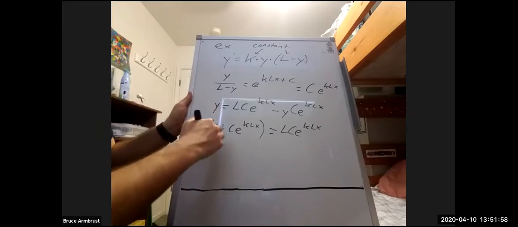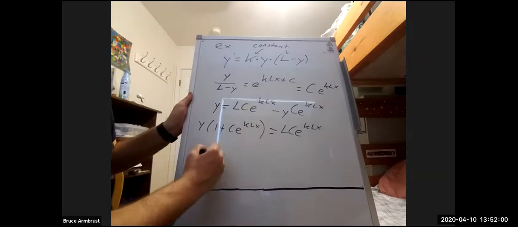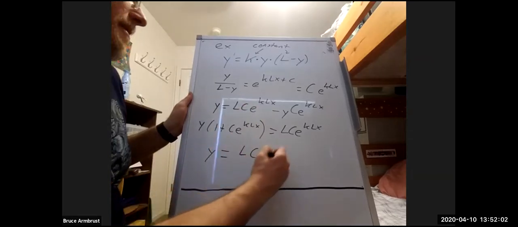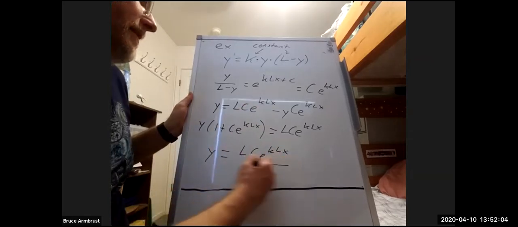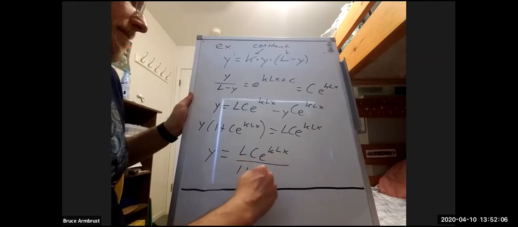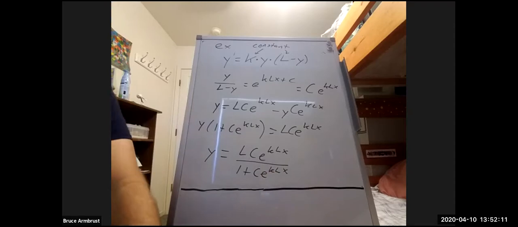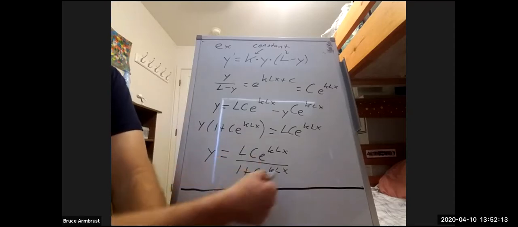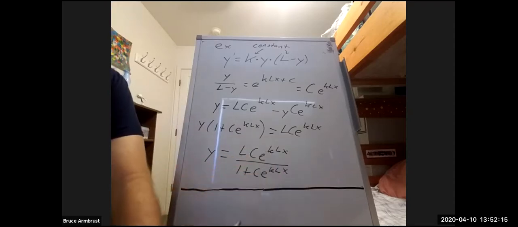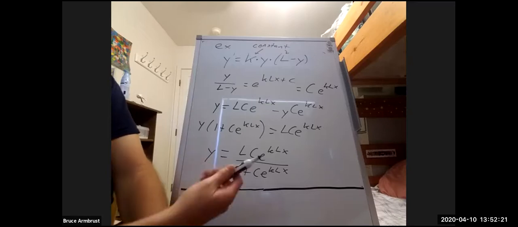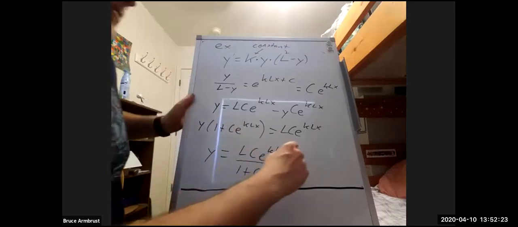But now I just divide by this guy. And you notice that this is starting to be not so terrible. And I'm actually going to do one more thing. I'm going to divide each of these pieces by c e to the kLx. It's going to just make it a little bit nicer looking.